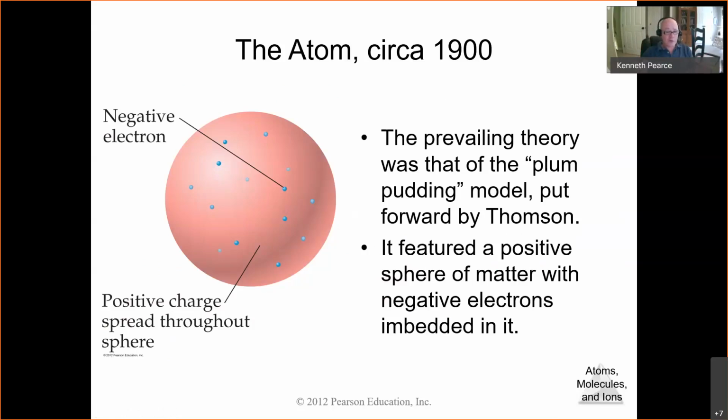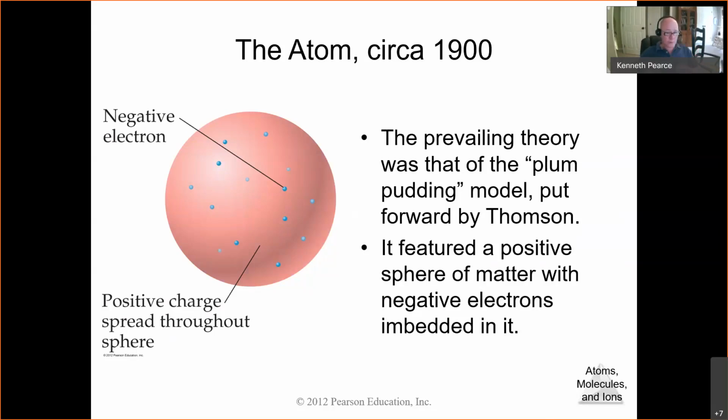So if you have a negative part, you better have a positive part to match up with reality. The negative parts, I already know those are particles, but they didn't know what the positive part was yet. And he says, it's just kind of like a goo. It's a goo of positively charged matter with these negative electrons embedded into it.